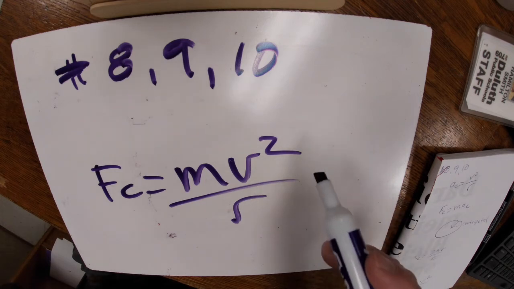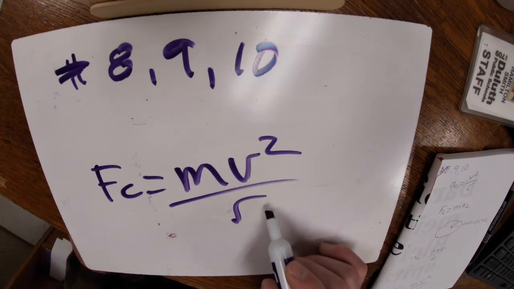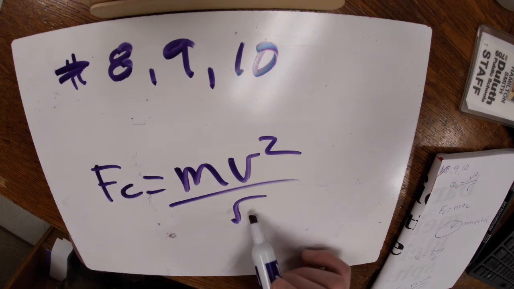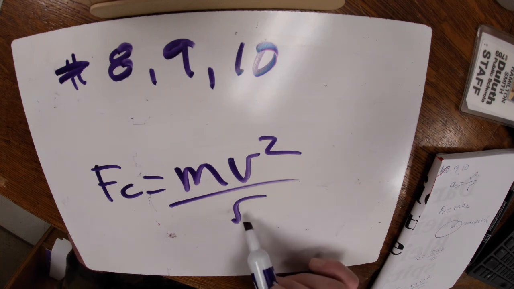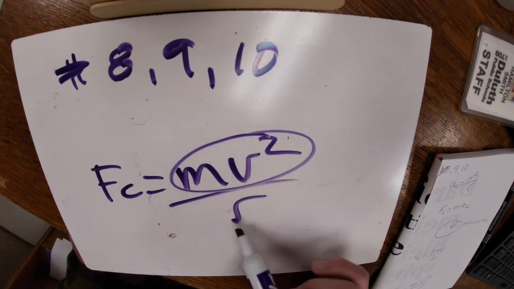If the number on the bottom, the radius, gets bigger, you're making this smaller because you're dividing by r. If r originally is 10 and later r is 100, it's going to be 1/10 of whatever it was before, because instead of dividing by 10, you're now dividing by 100.